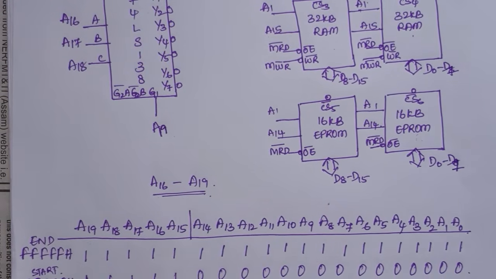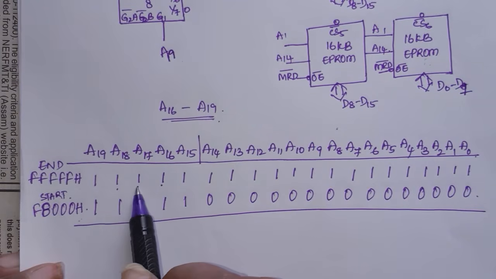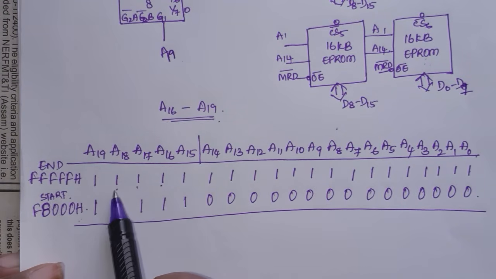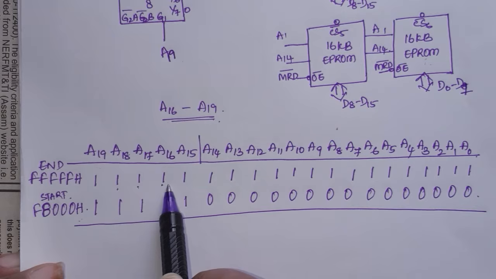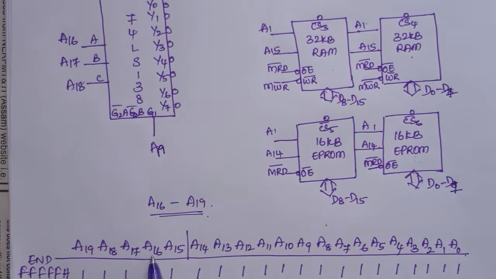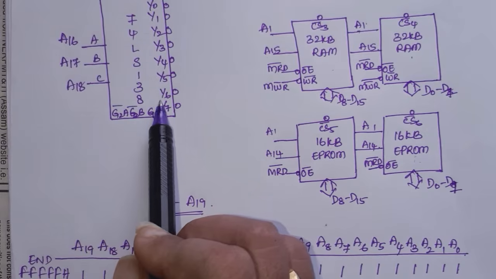Okay, so here we see that A16, A17 and A18, these three are all equal to 1, 1, 1. The combination existing here is 1, 1, 1. These address bits A16 to A18, we have given to the select inputs of the decoder.